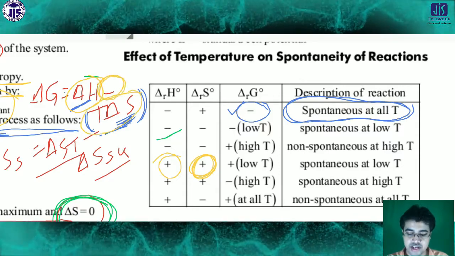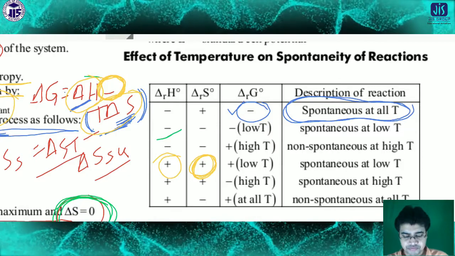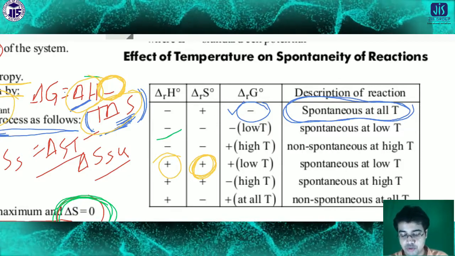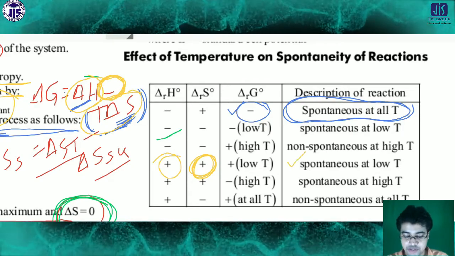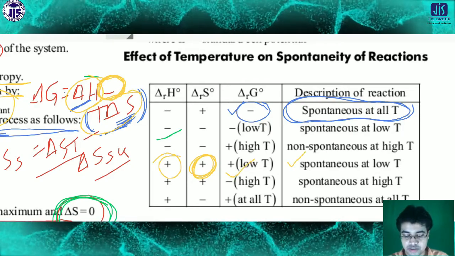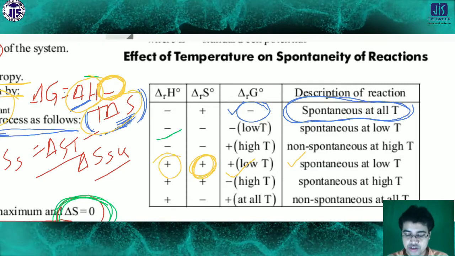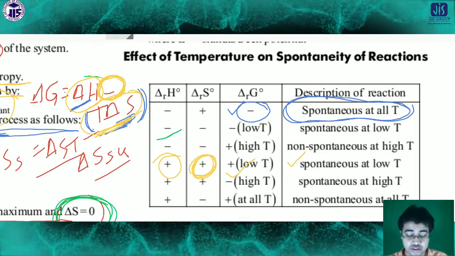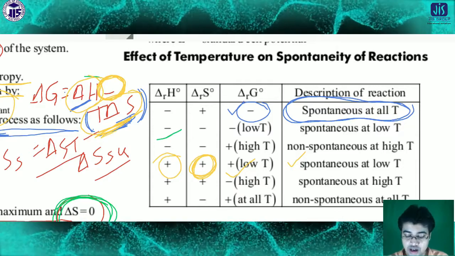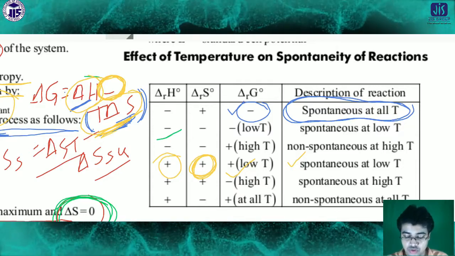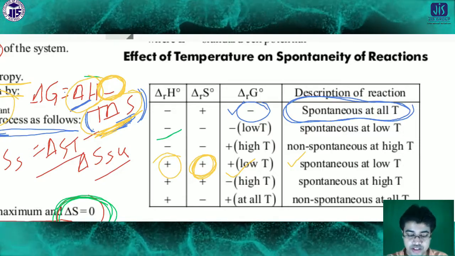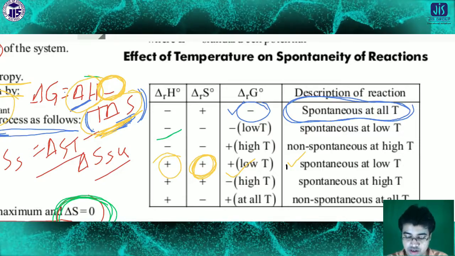If this is a negative value, then at low temperature what happened? There is a chance of non-spontaneity at low temperature, because here it is a positive value. So at low temperature it is actually non-spontaneous, it is not spontaneous.